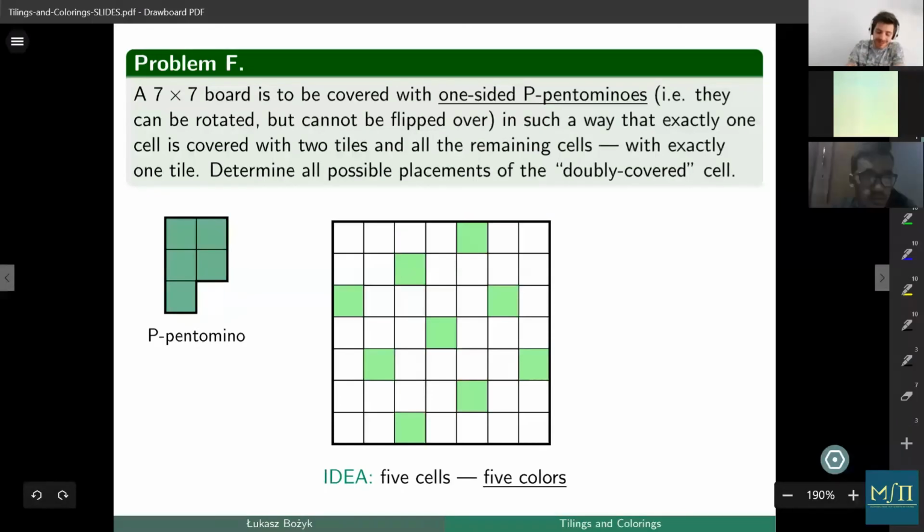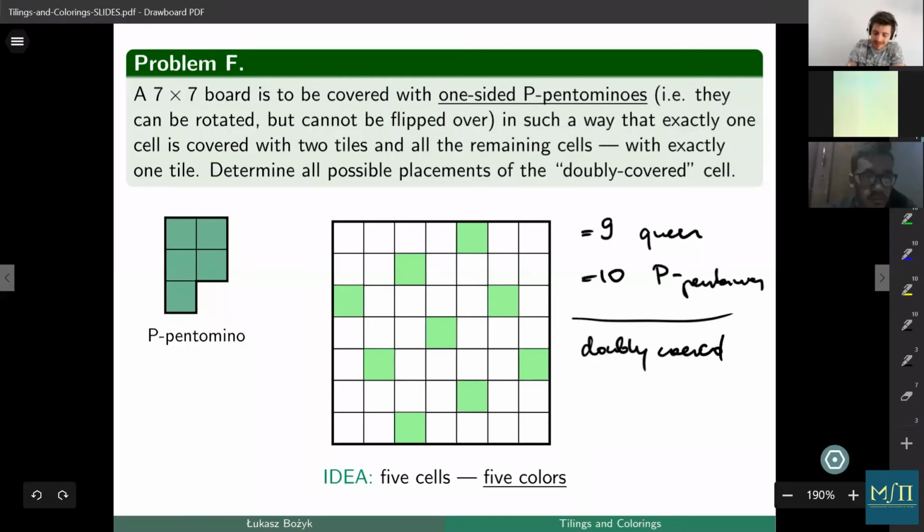So look, we have exactly 9 green cells, exactly 10 P pentominoes, and it follows that the doubly covered cell is green.